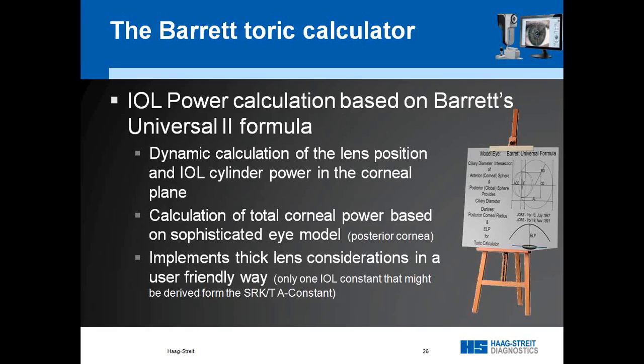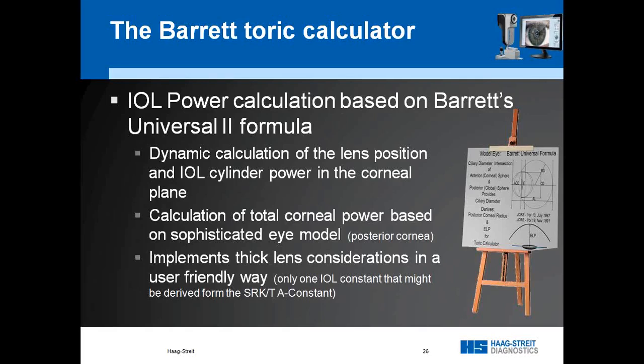Secondly, Barrett calculates the back surface of the eye, the back corneal surface, based on anterior measurements. He's using a very sophisticated eye model, and this is what makes him the winner here. We'll see it in some study data later on.